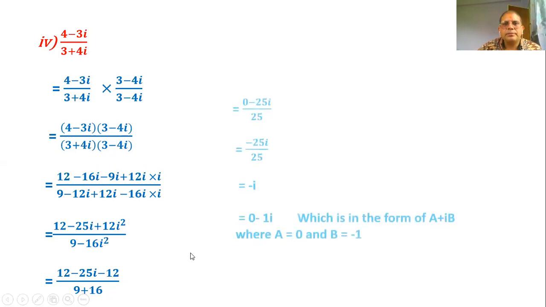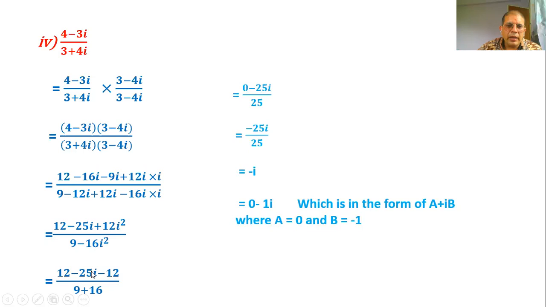Then 12 minus 12 is 0, minus 25i by 25. 25i divided by 25 is minus i. And you can write it in the form of a plus ib: 0 minus 1i, where a is equal to 0 and b is equal to minus 1. So don't forget, it is a very important concept. After this, I want to do another question.